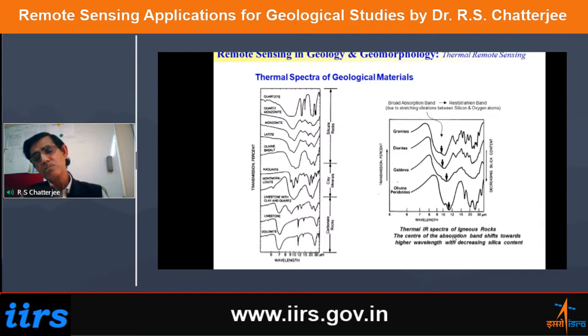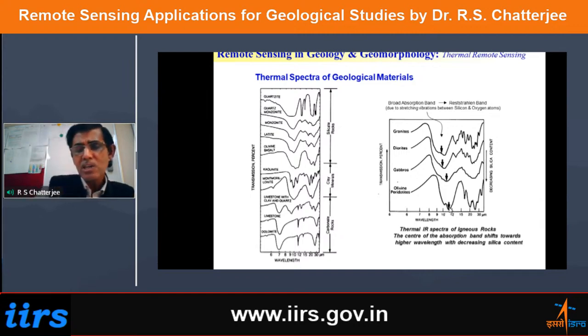Particularly in igneous rocks, there is a characteristic absorption peak in 10 to 12 micrometer. This absorption peak is known as the Reststrahlen band, and it occurs due to stretching vibration between silicon and oxygen. Silicate is made of silicon and oxygen, isn't it? So between silicon and oxygen, stretching vibration happens, and from this stretching vibration this kind of absorption peak is developed.